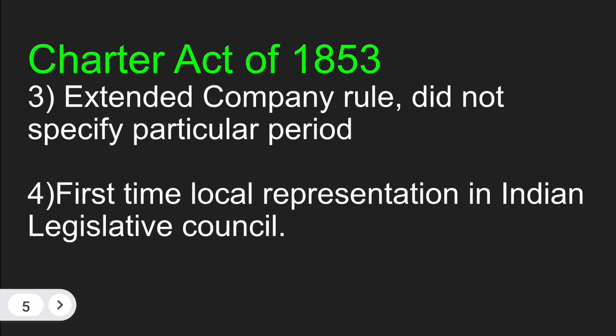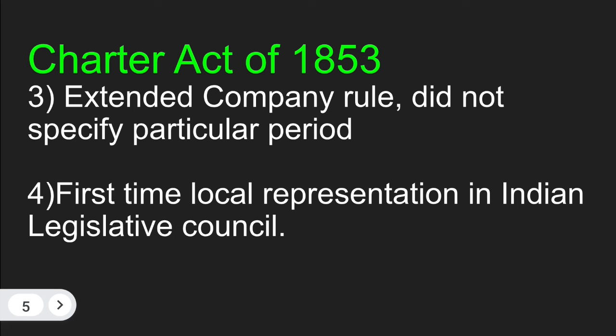It extended company rule, but it did not specify a particular period. So what does this imply? The Crown, the British government, extended the company rule but did not specify a particular period.